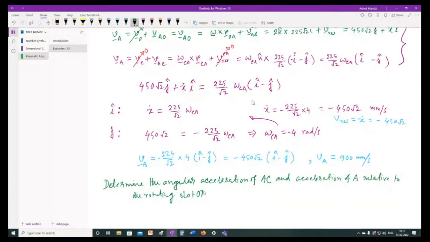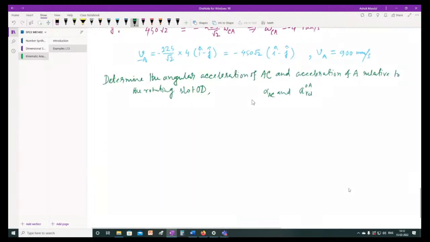In this case also, what we need to find out is alpha AC and the relative acceleration of OA. Okay, these two things we have to find out. Again, we will use the similar method.